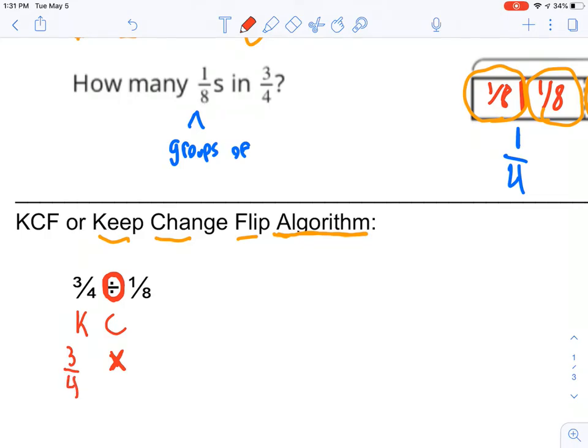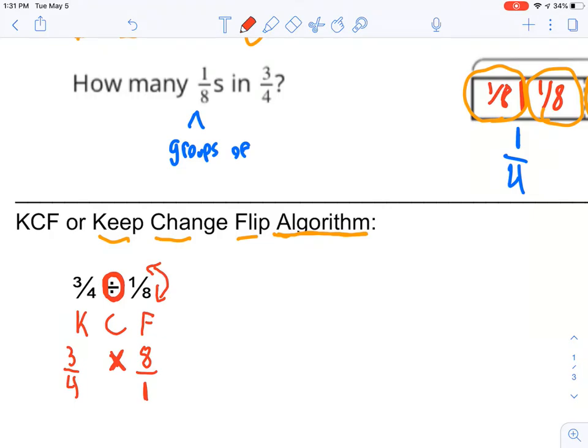And then the last thing we're going to do is flip. So we're going to go ahead and take the numerator and flip it to the position of the denominator. So instead of 1/8, we would have 8/1. Excellent. So we've taken 3/4 divided by 1/8 and changed that into 3/4 times 8/1.